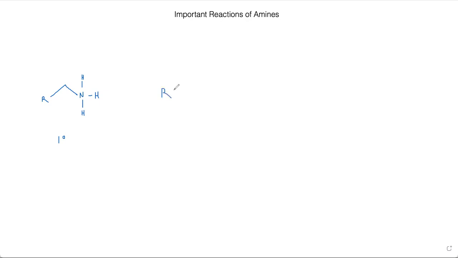Here we're going to show a secondary amine, which would be a nitrogen bonded to 2 hydrogens and also 2 carbon atoms. So that would be an example of a secondary amine. And finally, well, not finally, I guess we could have a tertiary amine, which would be a nitrogen bonded to 3 R groups, excuse me, and 1 hydrogen.